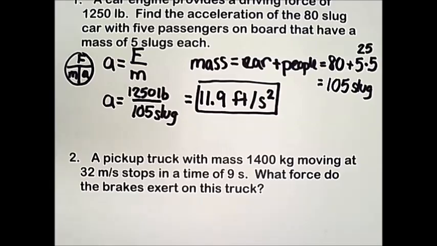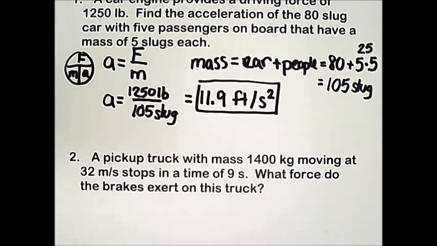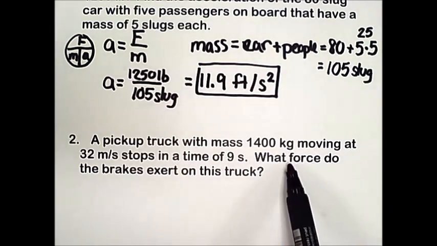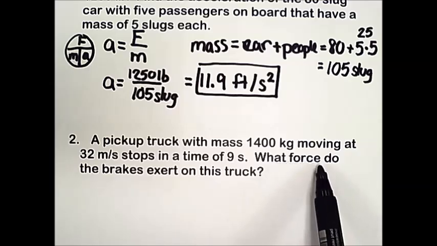Number 2. A pickup truck with a mass of 1,400 kilograms moving at 32 meters per second stops in a time of 9 seconds. What force do the brakes exert on this truck? So again, the first thing that we need to do is recognize what are we solving for. In this problem, we're trying to find the force.